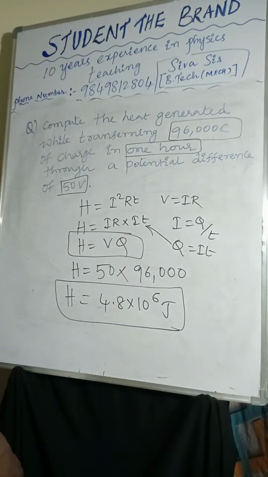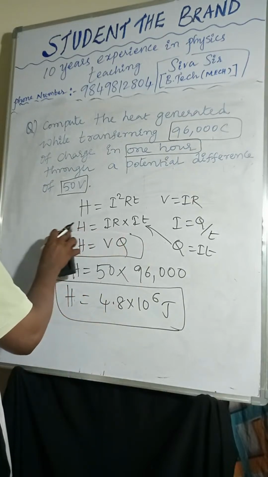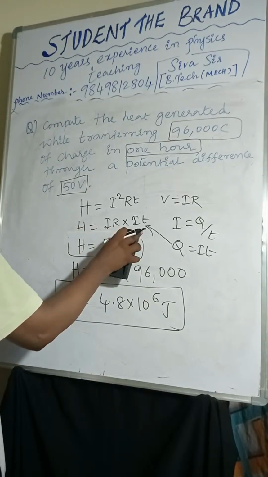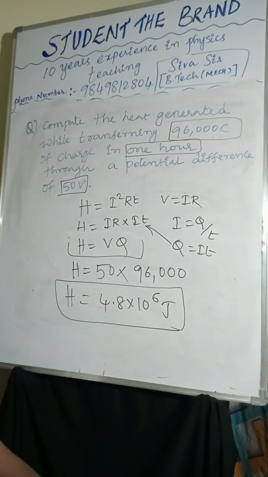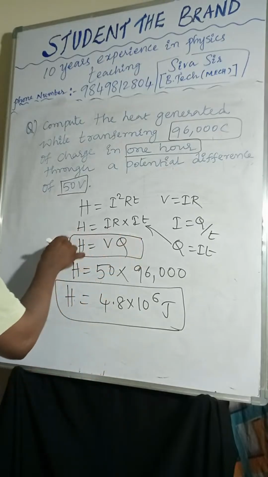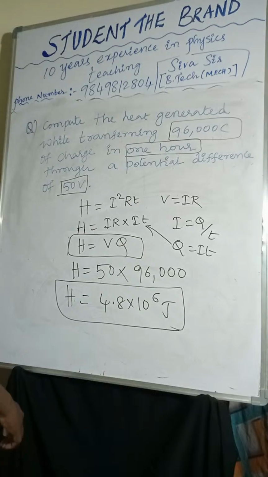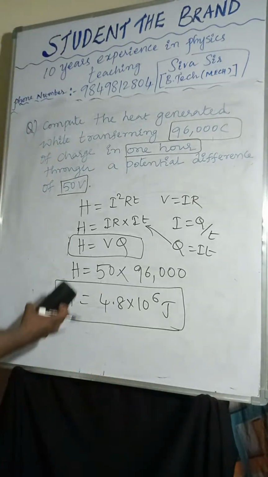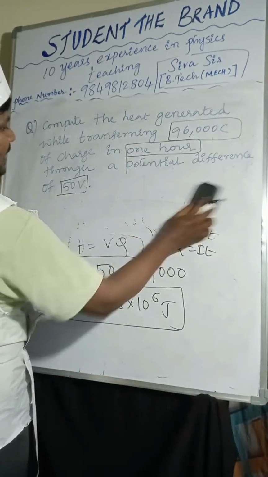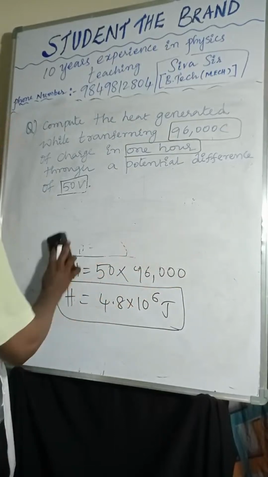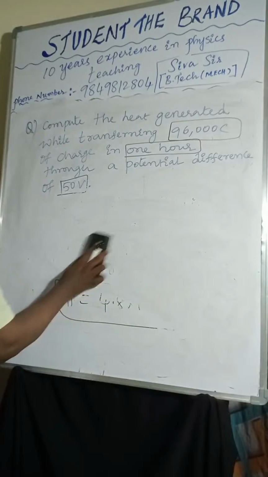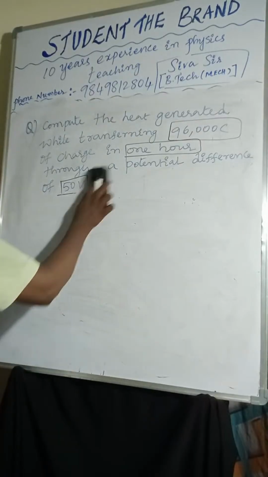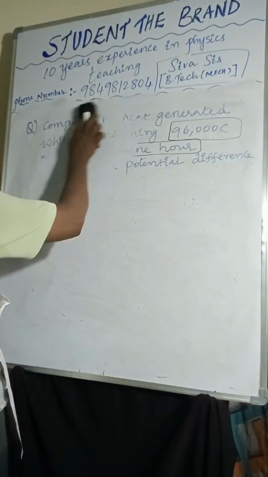Okay, so we'll go to the next problem. The next problem we can do directly based on the formula they gave. It is related to the complete formula itself, so we can use the direct formula.